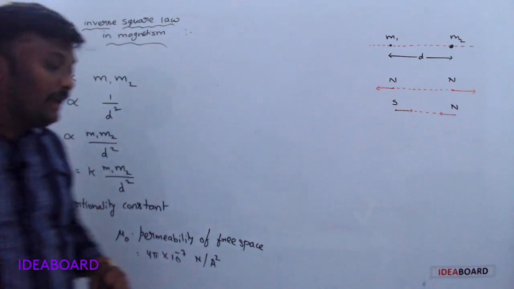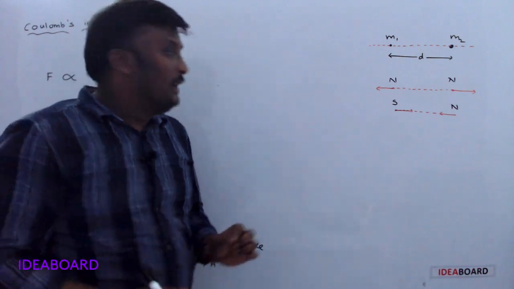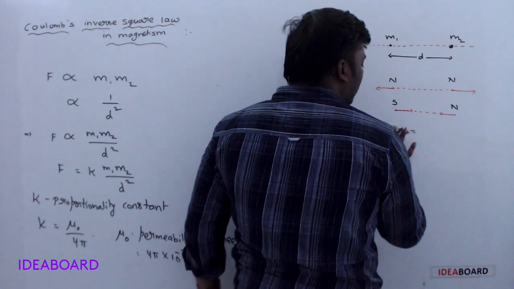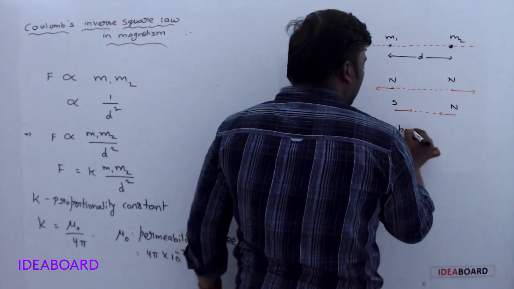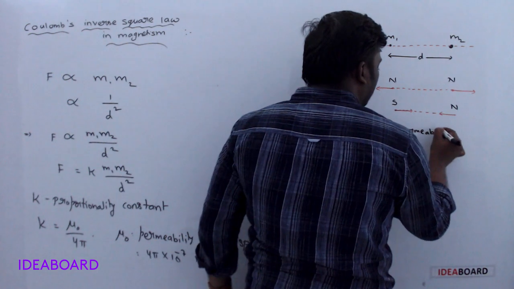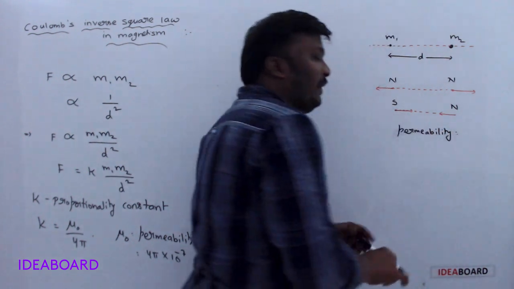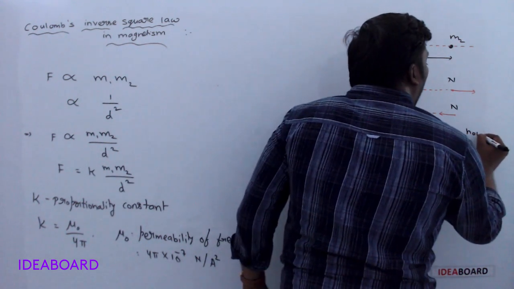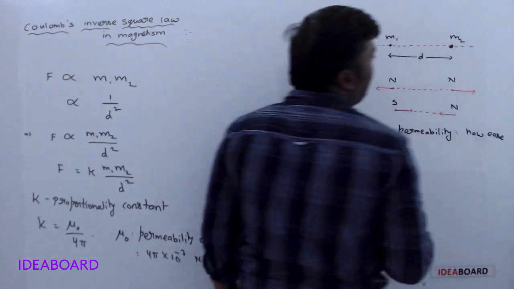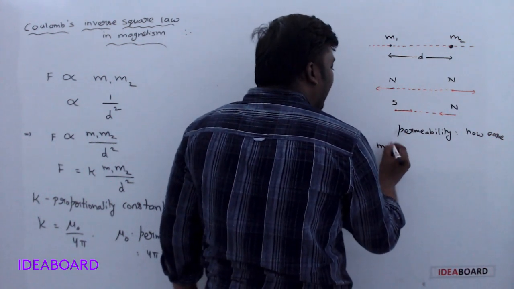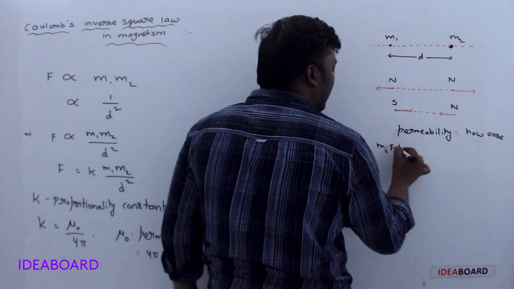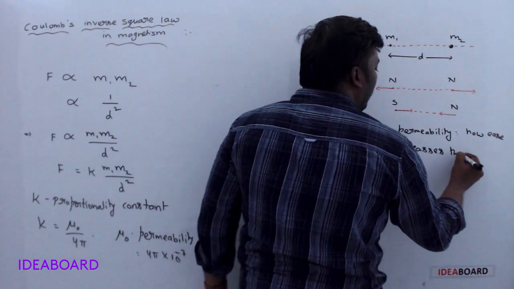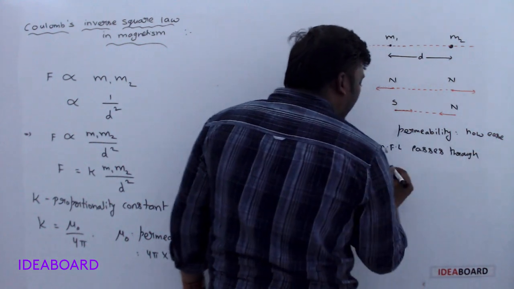Sir, here a new word is coming, permeability. What is permeability? Permeability tells how the magnetic field lines pass through a medium.